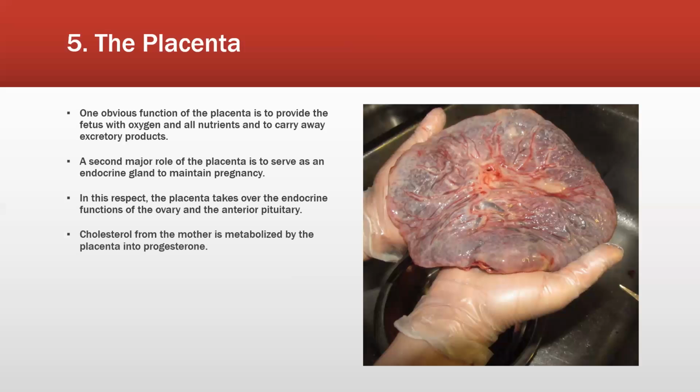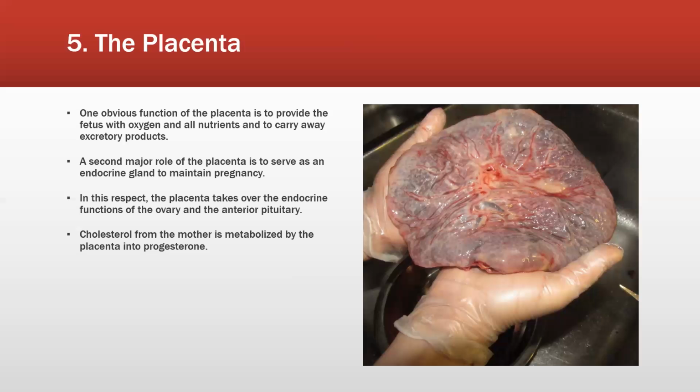Cholesterol is an important product in making a lot of hormones that are steroid in nature. And so when we think of cholesterol, we think of fatty foods and plaque on the arteries. And that's true, that is cholesterol, but there are other types of cholesterol that our body uses as precursors to make a lot of our steroid hormones.